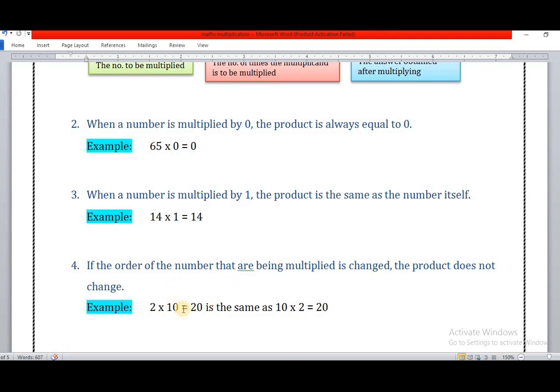Even if you change its order, the product never changes. As you can see in this example, 2 into 10 is equal to 20, and I have changed its order. 10 into 2 is equal to 20. The product remains unchanged. Here is also 20, even if you change its order.